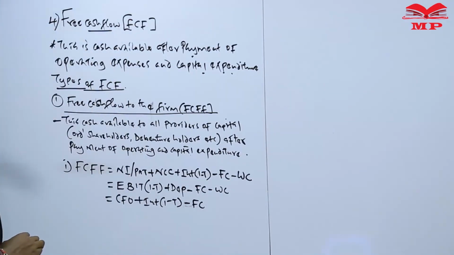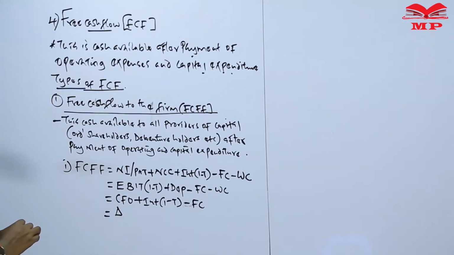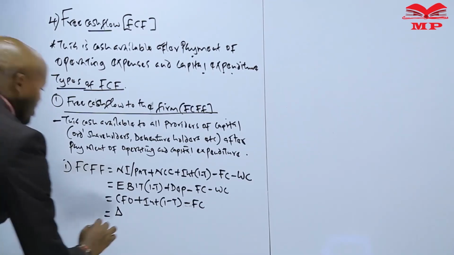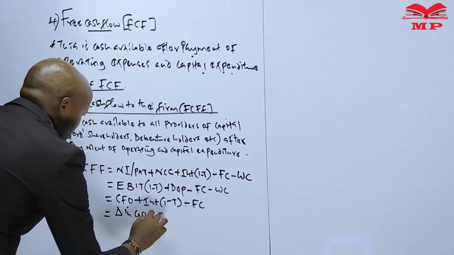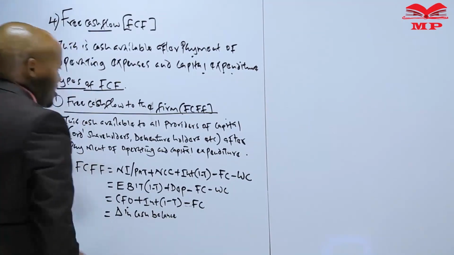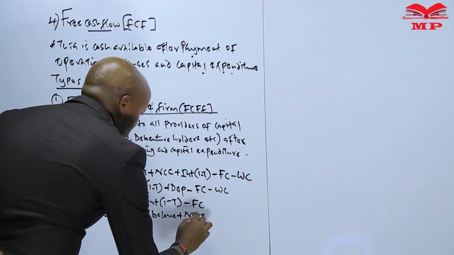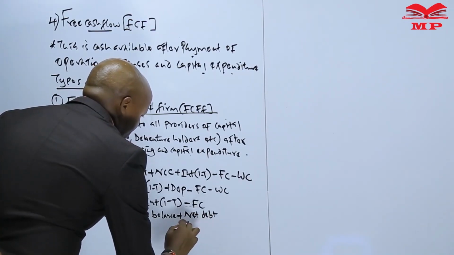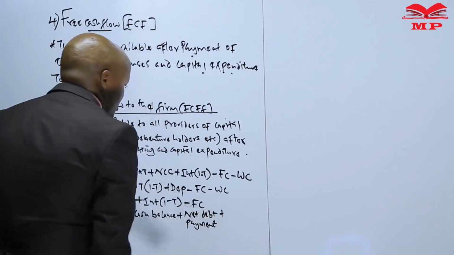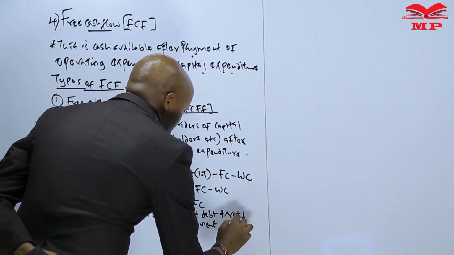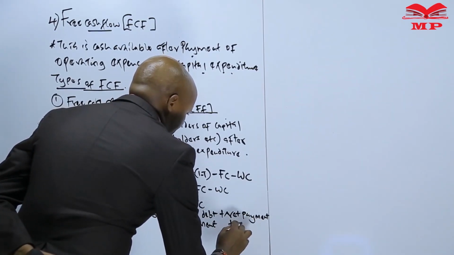Still, we have the other formula, whereby we take the change in cash balance, and then to this we add net debt payment, plus net payment to stockholders.